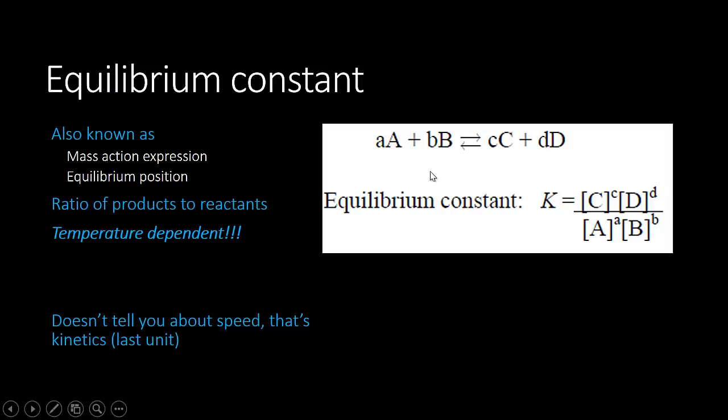So in order to calculate the ratio of reactants to products, we calculate what's known as the equilibrium constant, or the mass action expression, or the equilibrium position. It's given lots of different names, but it all boils down to the variable K. Uppercase K is different than the lowercase rate constant k. Equilibrium constants oftentimes have a subscript.